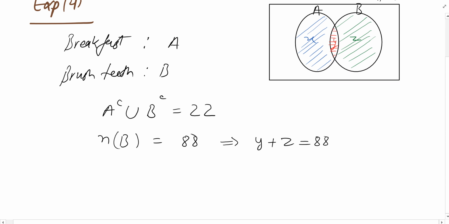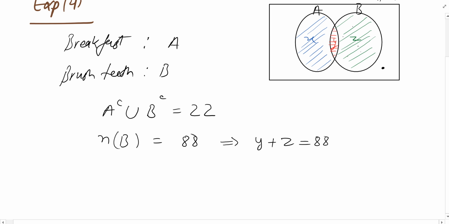And now the next statement, the final statement probably. If every child except one, now they're saying except one, there's one guy, either brushed their teeth or ate breakfast. Everybody did that, but there's one student who didn't do anything. Even he didn't have breakfast and didn't clean his teeth. And this guy is sitting out there.